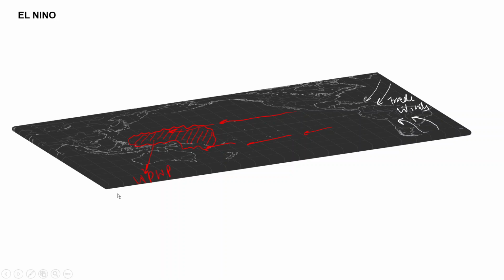Now, you should understand that once the Western Pacific warm pool is restricted on the western side of the Pacific Ocean, then the temperature of the Eastern Pacific will be lower than the Western Pacific.